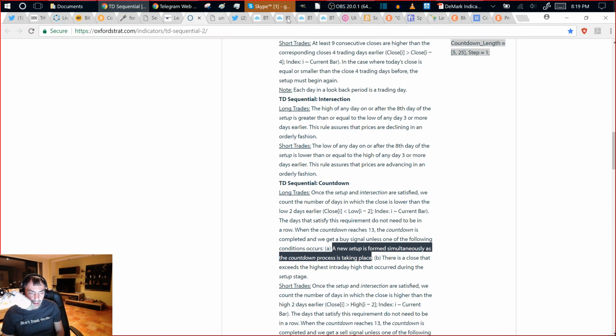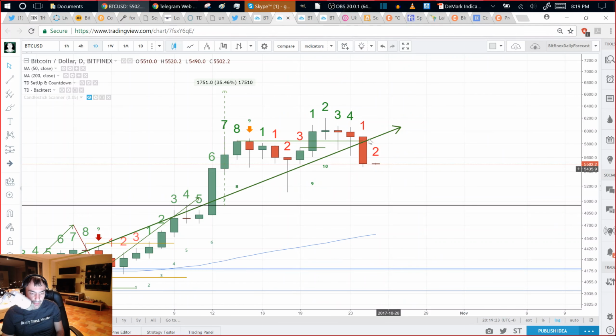So if this creates a 9 to the downside, then this will never complete. This just stops. These numbers should really disappear, actually. But they stop because you can only have either a bearish 13 or a bullish 13. You can't have them both running at the same time.